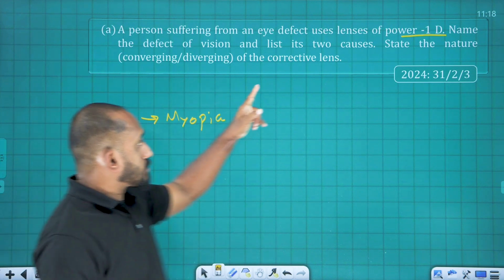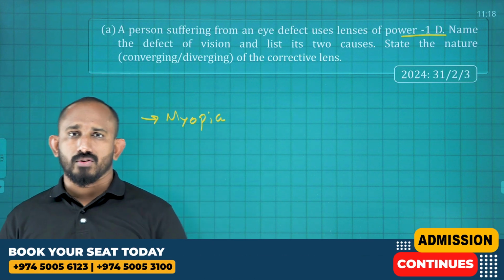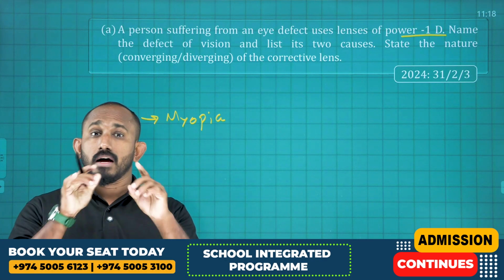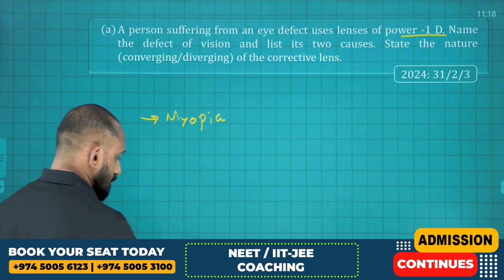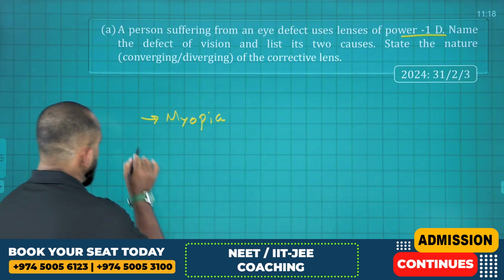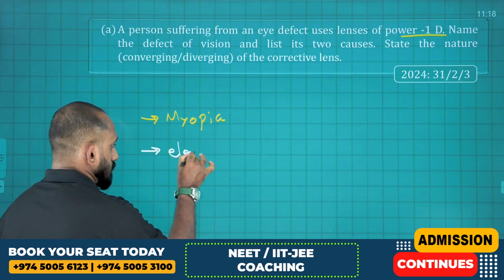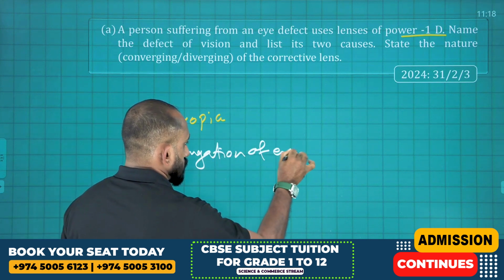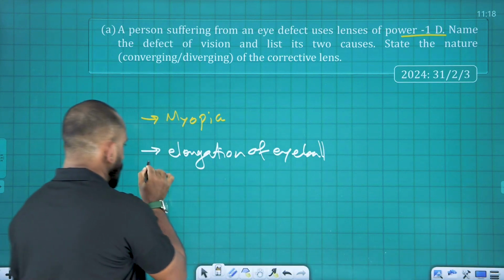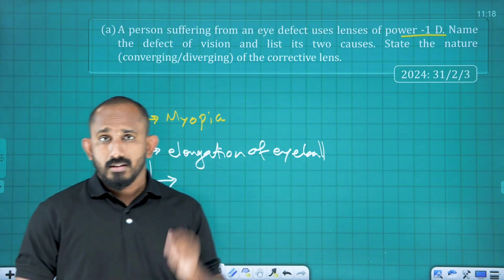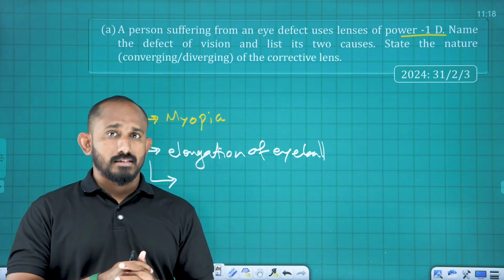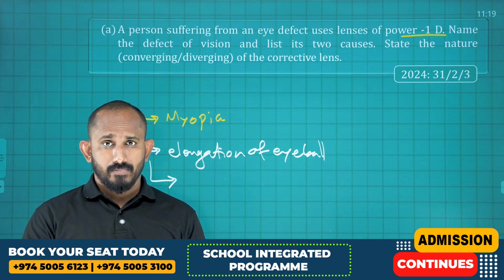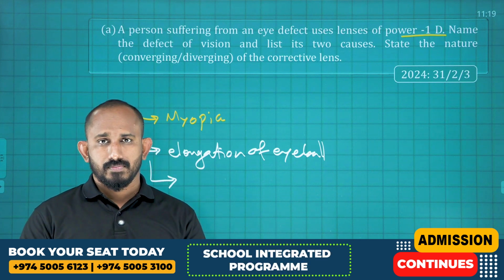Now, list its two causes, two reasons you have to find out. There are many ways you can say it. One, the elongation of the eyeball. Then the second reason, the excessive curvature of the lens. Excessive curvature means if curvature increases, then focal length decreases.